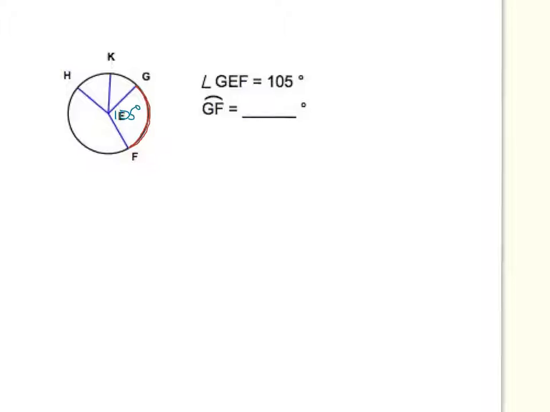So this angle right here is 105. But since that's the central angle that cuts off minor arc GF, GF is also 105, because whatever your central angle is, the arc it cuts out has the same measure as the central angle.